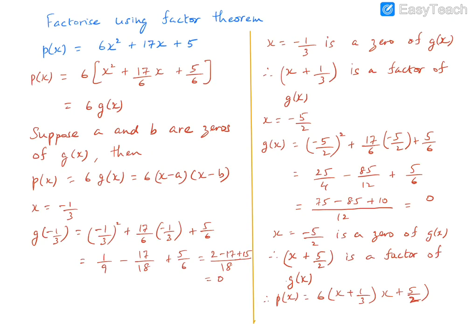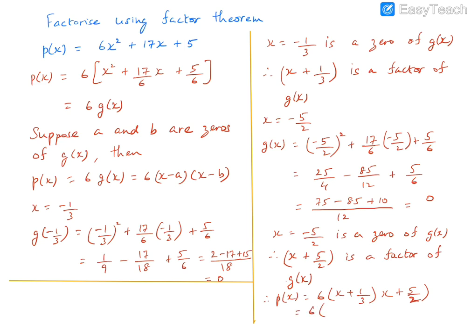Let's see how we can get that. So basically I'm going to draw a line. I'm out of space for this page, so I'll just draw a line here and do the continuation over here. Okay, so let me do one more step on this page itself.